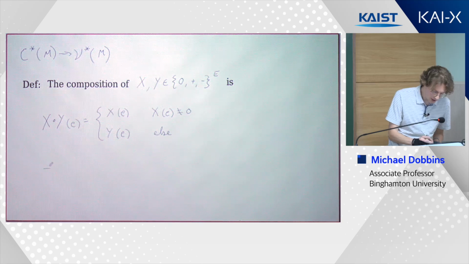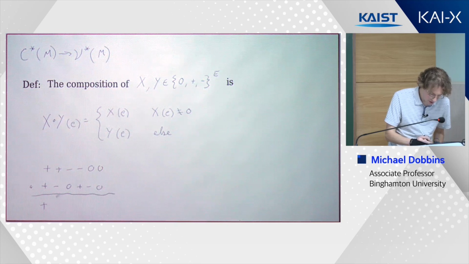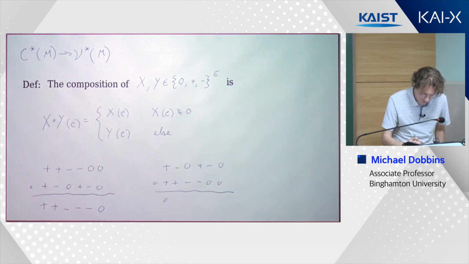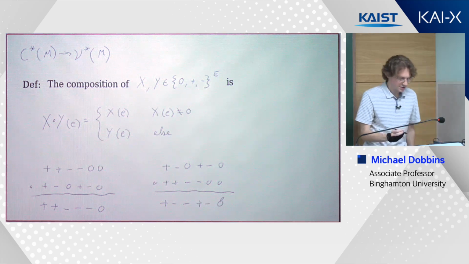So if I have plus plus minus minus 0 0, and I compose that with plus minus 0 plus minus 0, then I will get this. But this is not commutative. If we go the other way, we get something different.